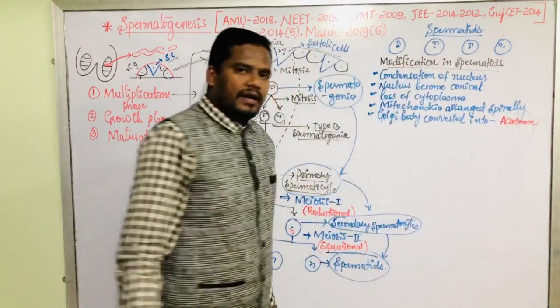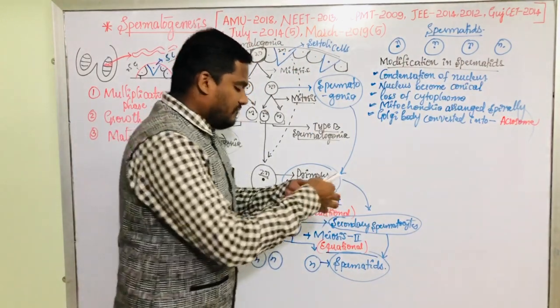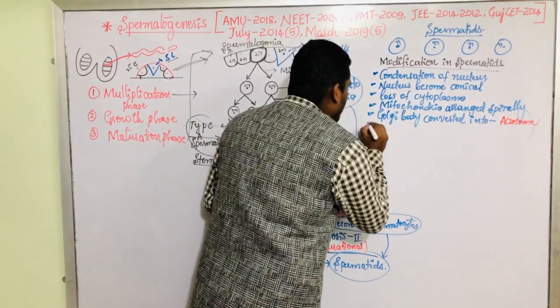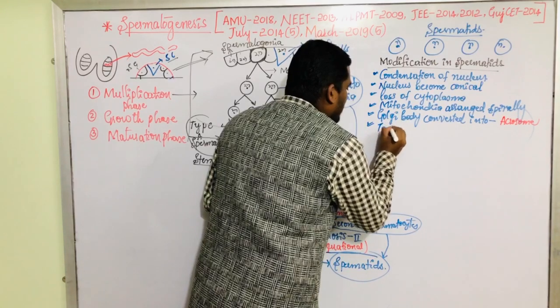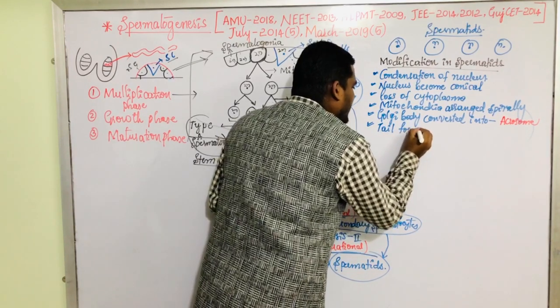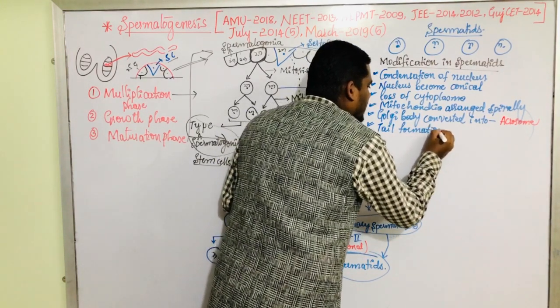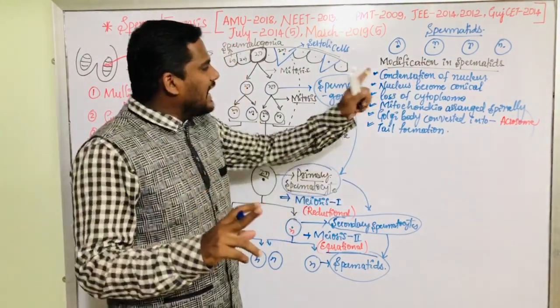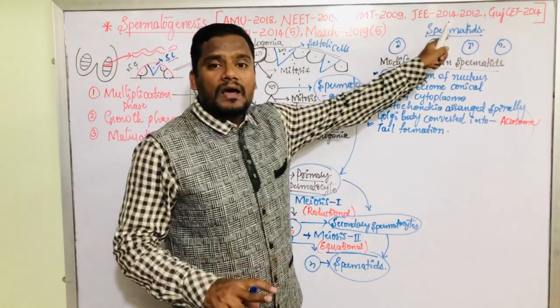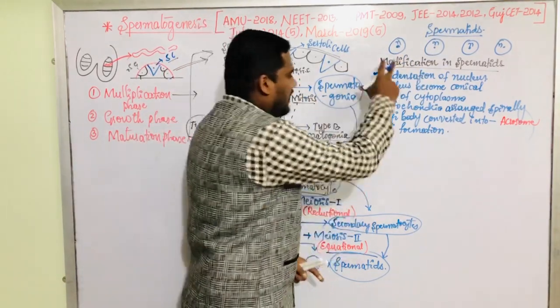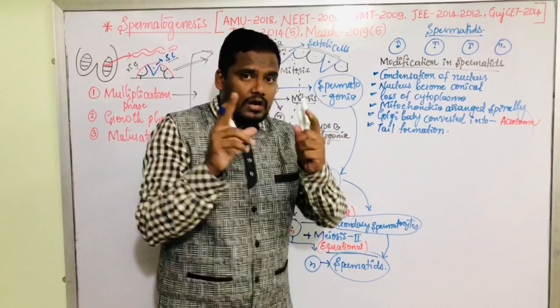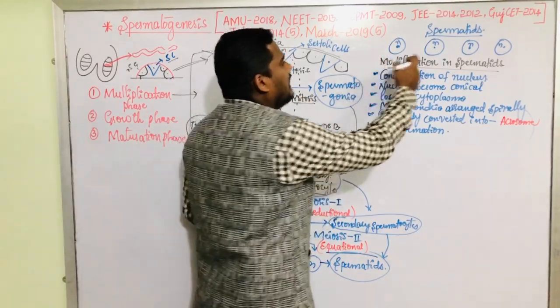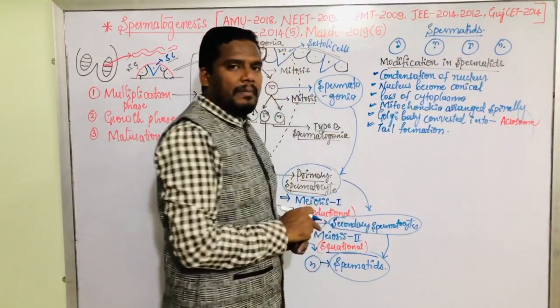And finally, tail formation takes place. These are the changes that occur in the spermatids. These are the six different, very important changes that occur in all the 4 spermatids.